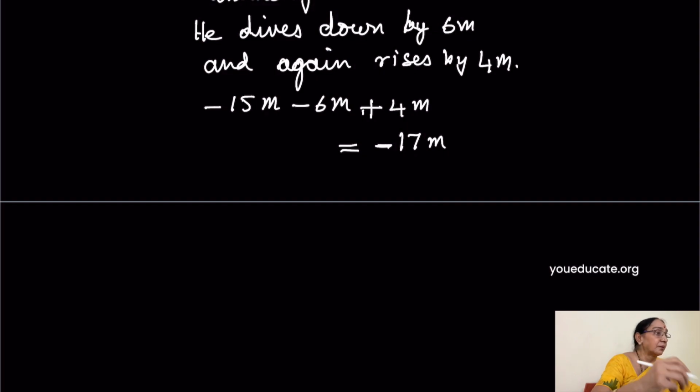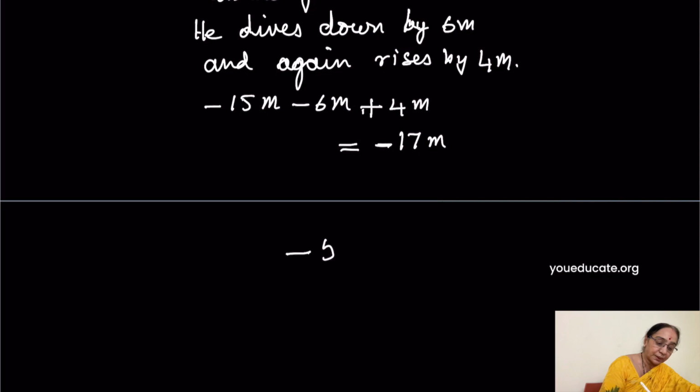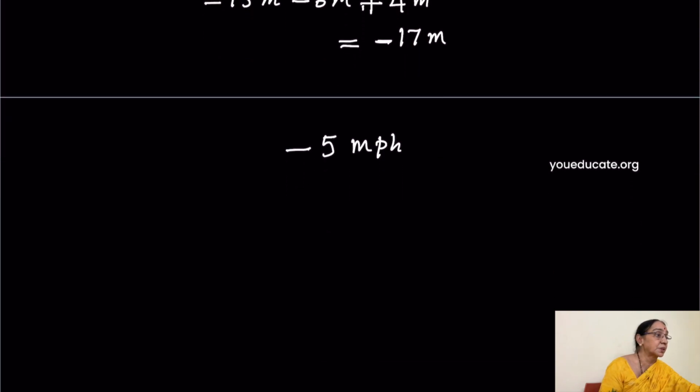Now, if the speed of a car is 60 miles per hour and then it changes to 55 miles per hour, what is the change? If they ask you what is the change in speed, remember to write minus 5 miles per hour because the speed has come down. So this is another situation where directed numbers are used. These are nothing but your positive and negative numbers used in real life situations.